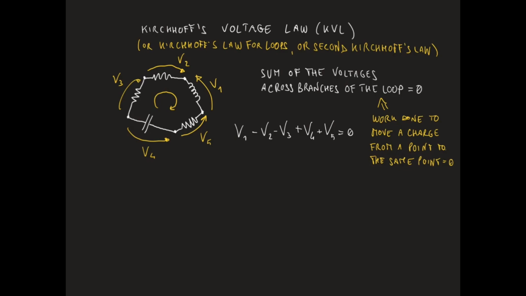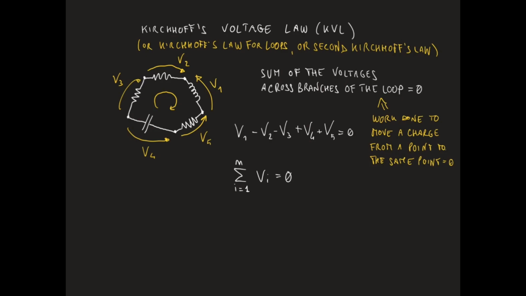This result can obviously be extended to the case of a loop with a number n of branches. In this case, Kirchhoff's voltage law reads as the sum for i going from 1 to n, where n is the number of branches, of V sub i is equal to 0.